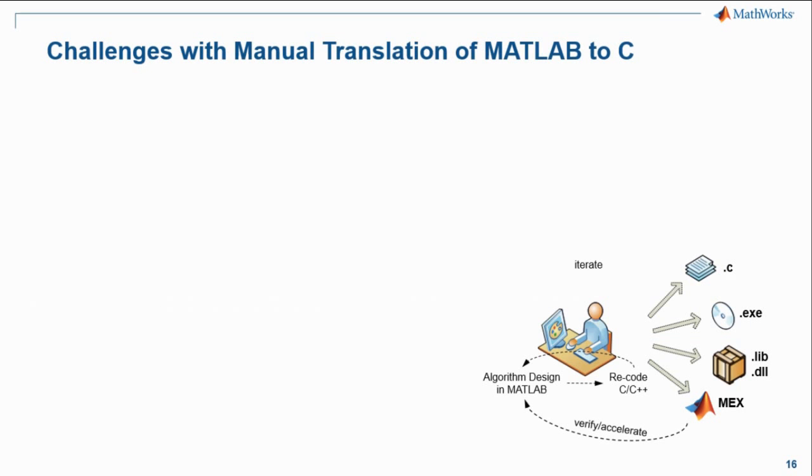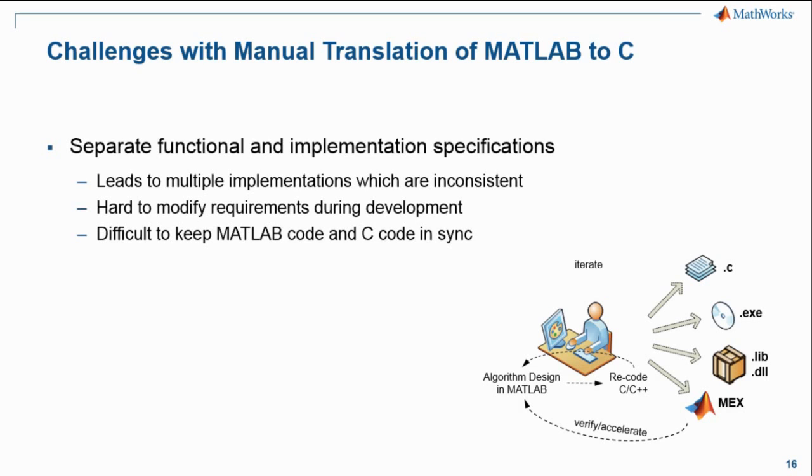Now, there are a few ways that we can take MATLAB code and turn it into C. We could rewrite it. We could have a software engineer rewriting the MATLAB code in C. But this comes with some challenges. First, we need to now have multiple implementations of both. If we change the requirements, or if we have to change the MATLAB code, then we have to go find where it is in the C code and update that as well.